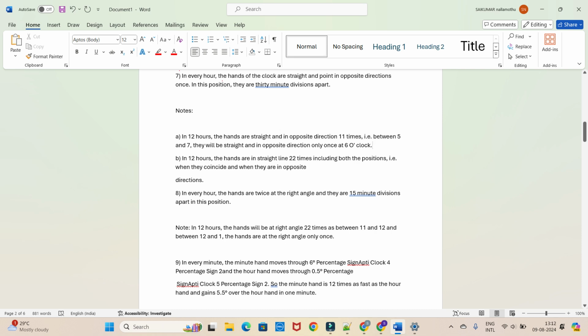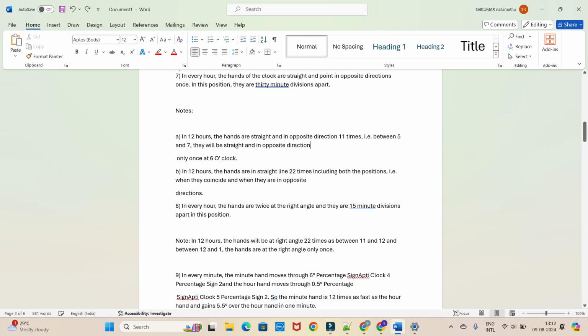And in 12 hours it's 22 times that they could form a straight line, in both positions. At the same time you need to remember that when the hands coincide, that will also be a straight line.